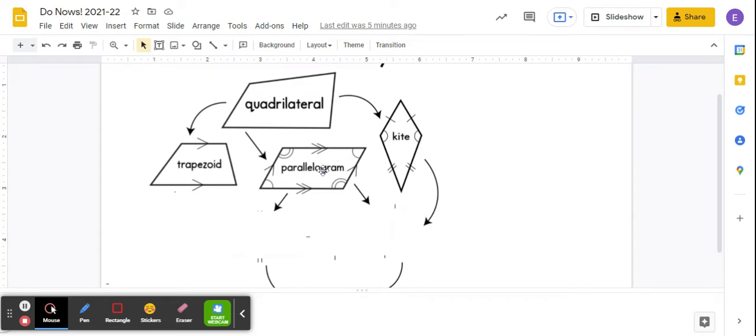So in order to be a parallelogram, you have to have two sets of parallel sides, right? So from there, you can ask yourself more questions like, do I also have all of my angles being 90 degrees?